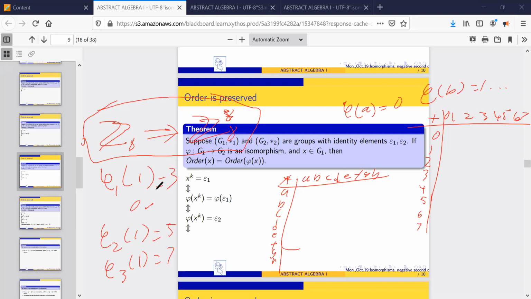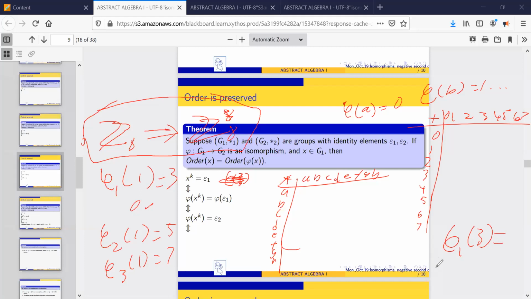Right? So what if I wanted to look at phi1 of 3? What would that be?